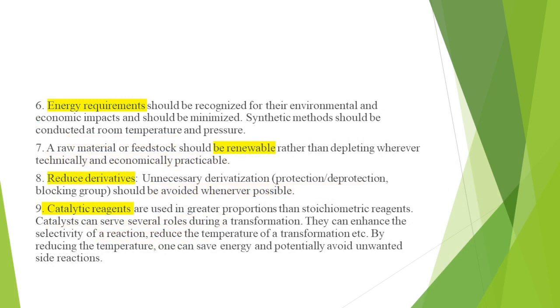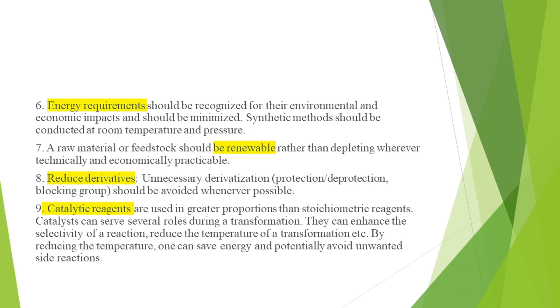Sixth principle. Energy requirements should be recognized for their environmental and economic impacts and should be minimized. So when our reaction is carried out, energy requirements should be less. You should conduct your experiments mostly at room temperature and pressure.